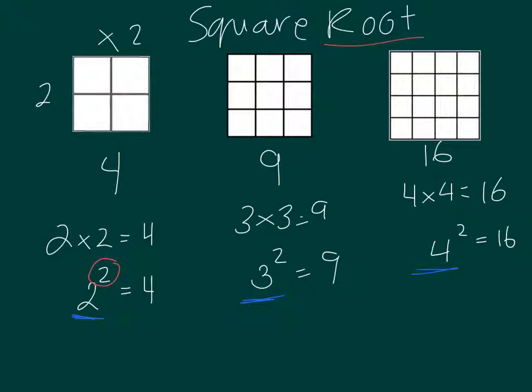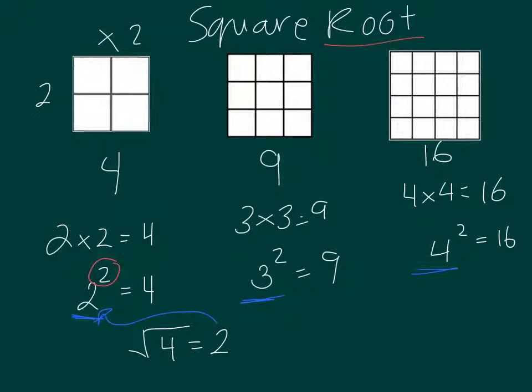So a square root is when I take a number that's been squared already or that could be squared, and I find the root number. So it's just that simple. If I have the square root of 4, then I know my answer is 2, because the root number that gets me to 4 is 2. That's the root number.